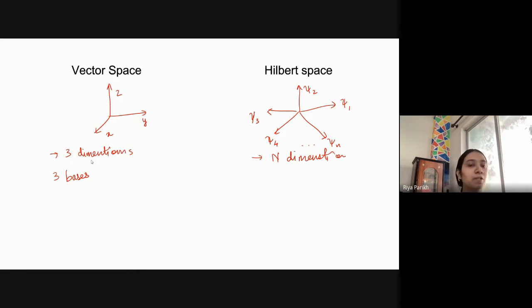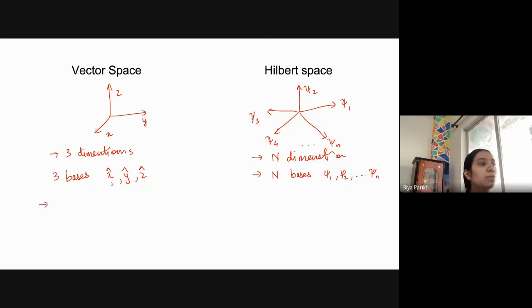We always measure with respect to those coordinates. So we have 3 bases: x cap, y cap, z cap. But in Hilbert space, since we have n dimensions, we also have n bases. And this will be psi 1, psi 2, and so on.